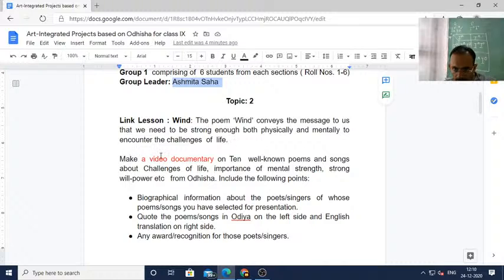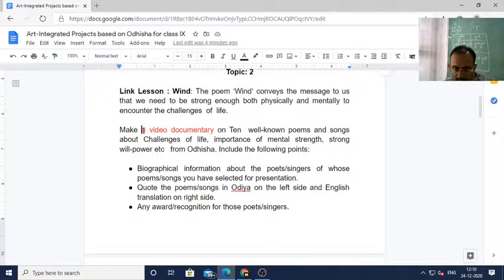Likewise, you have to make a video documentary on 10 well-known poems and songs about challenges of life, importance of mental strength, strong willpower, etc. You have to pick those poems and songs which talk about the challenges of life and the importance of being mentally strong, or determination and willpower, and written by literary personalities from Orissa.